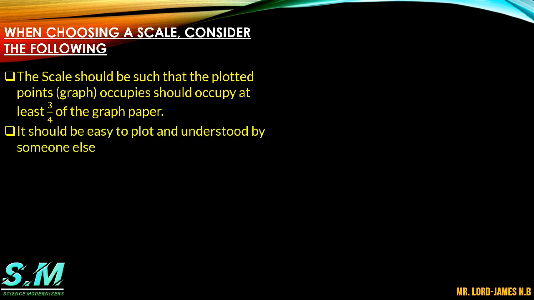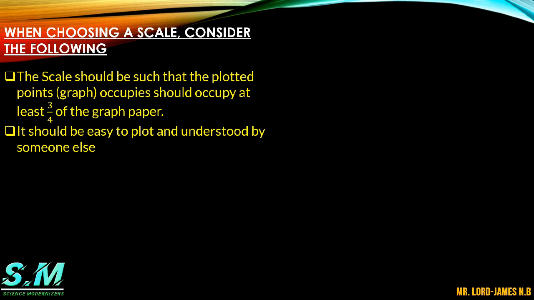The next is it should be easy to plot and understood by someone else. So if I take your graph and what you have plotted, I should be able to read and understand what you are trying to transmit through the graph.